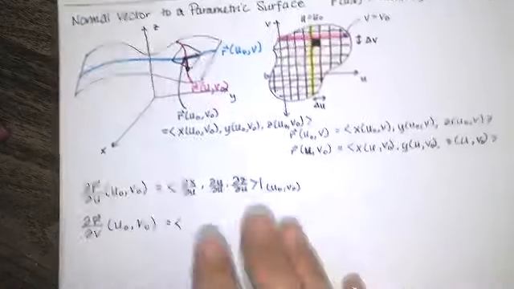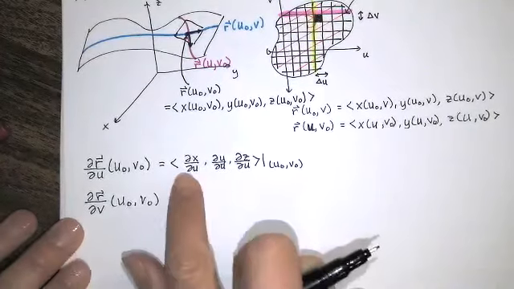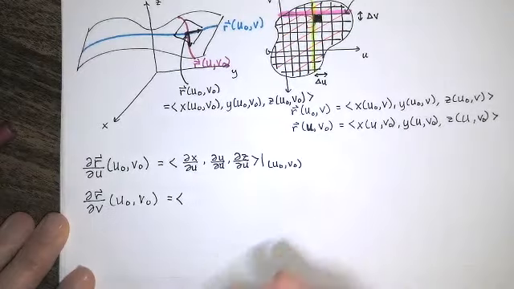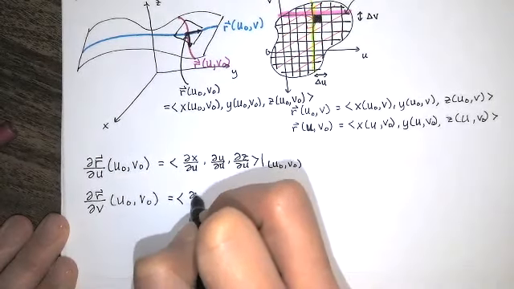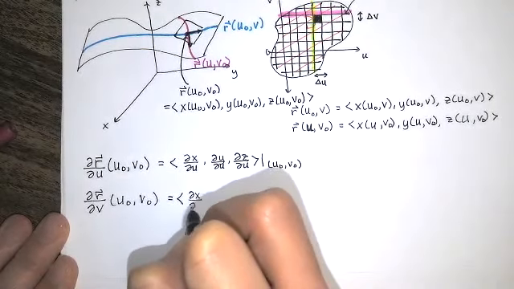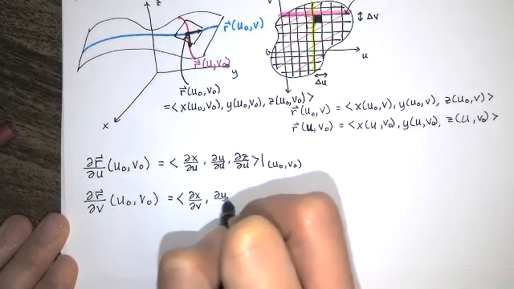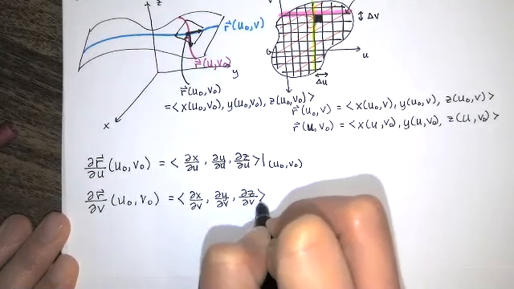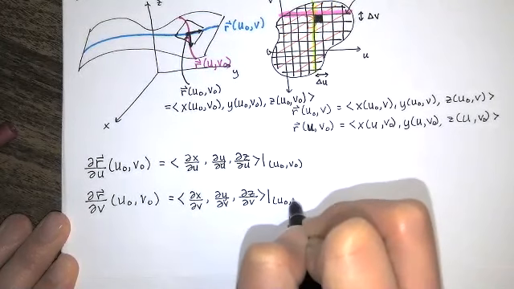And again, the way you compute this partial derivative is component by component because we're dealing with vectors, aren't we? So take the partial of x with respect to v, the partial of y with respect to v, and the partial of z with respect to v. And we evaluate all of these at u naught, v naught.